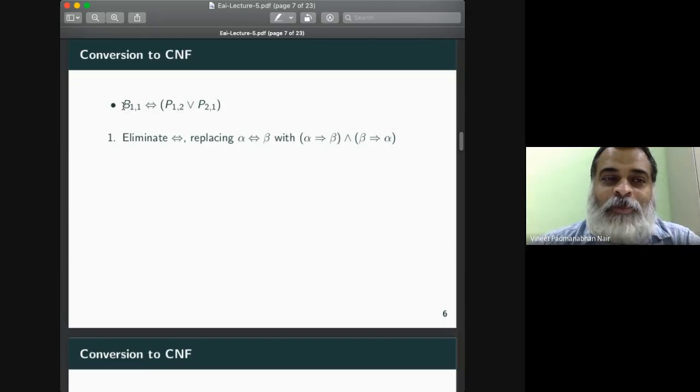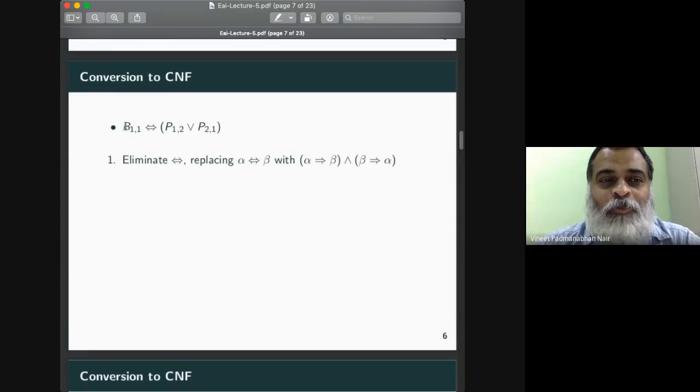so suppose you are given a formula like the one I am showing in the slide: B11 if and only if P12 or P21. Now, when you convert this into a conjunctive normal form, as far as satisfiability is concerned, you would like to quickly find whether one path of the circuit is satisfiable or not.